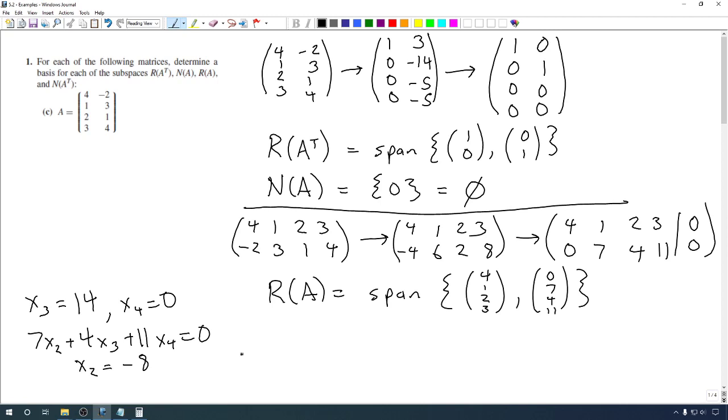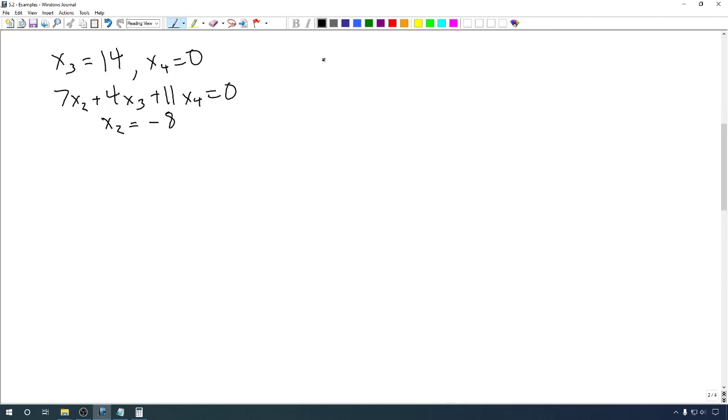I'm going to have to move this to another page. And then going for x1, we have 4x1 plus x2 plus 2x3 plus 3x4 is equal to 0. So our first row is 4, 1, 2, 3. If we use our results then, we have x1 is equal, well, we don't know what x1 is. That's what we're trying to find.